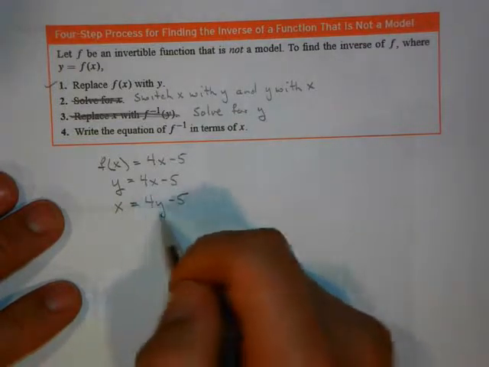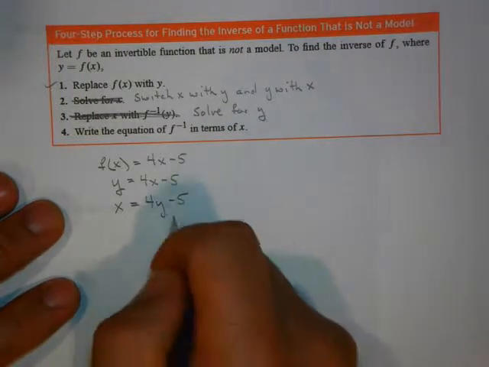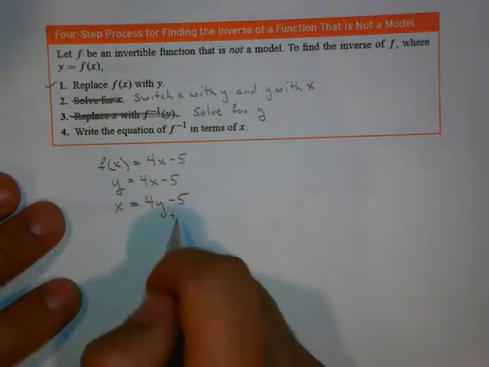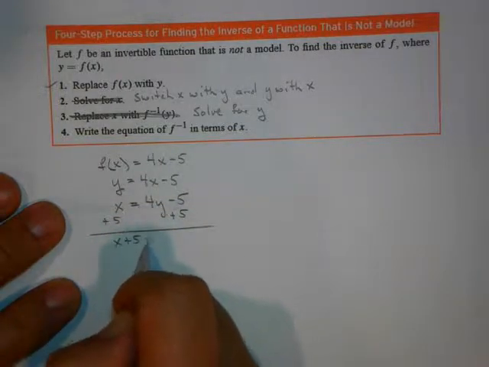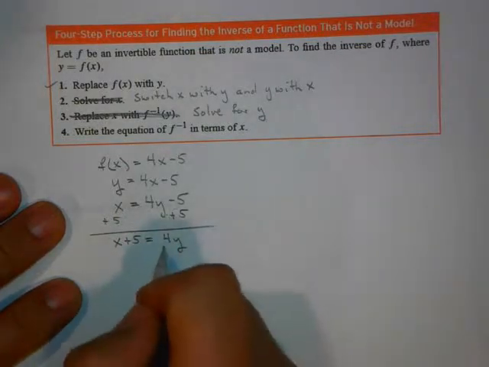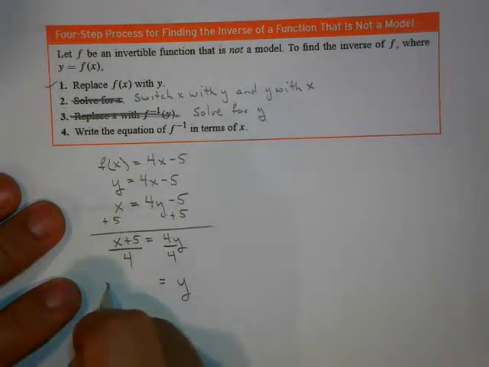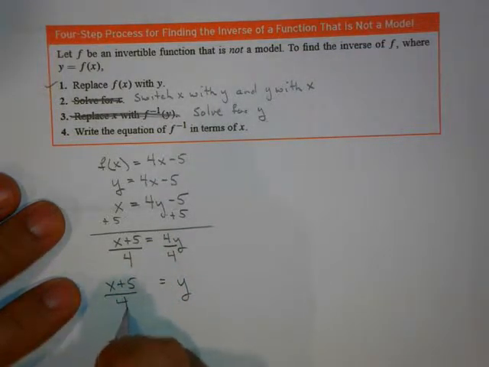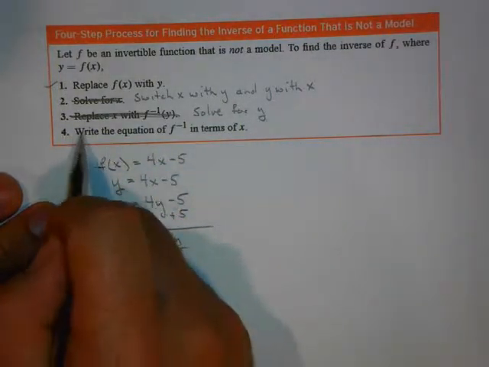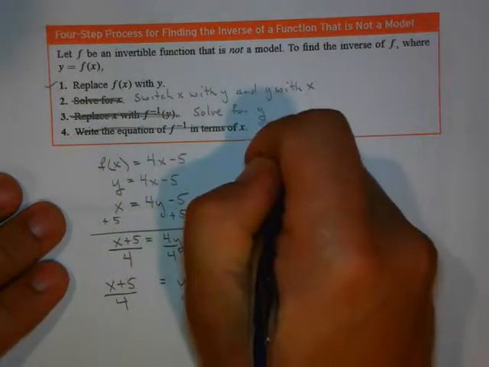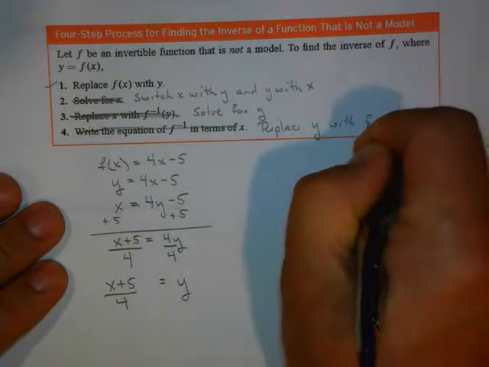So how do we solve this for y? The first part is, we're going to add 5. So we get x plus 5 equals 4y. Now we're going to divide by 4. So y equals x plus 5 divided by 4. Now our last step is we're going to replace y with f inverse of x.